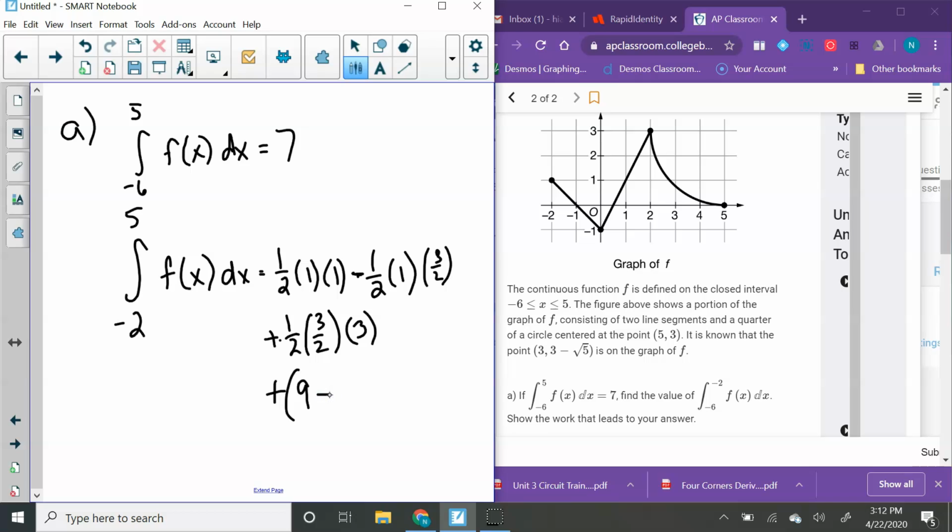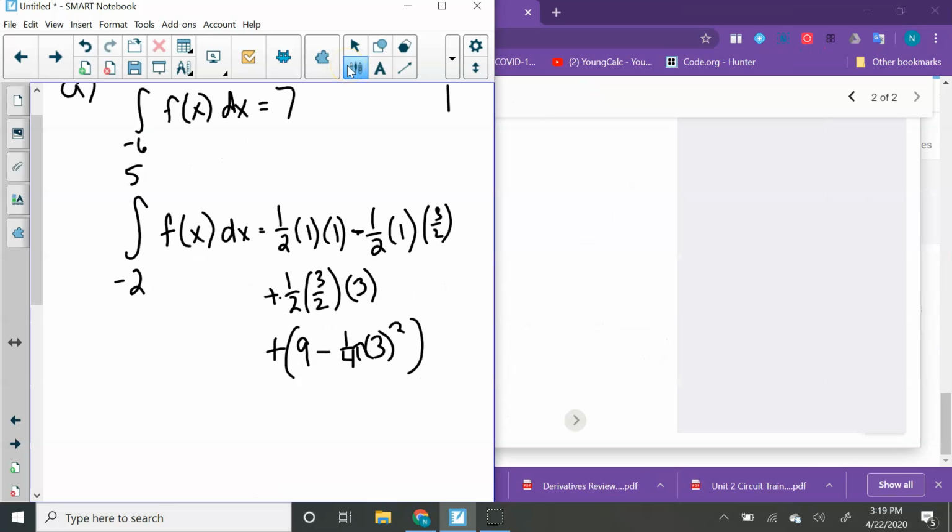But then you've got to subtract that quarter of a circle, so it's 1/4 times the radius, which the radius of that circle is 3, squared. Now, on the AP exam, you could leave that in, but we're going to simplify this. Now, you can use the calculator for this if you want or not.